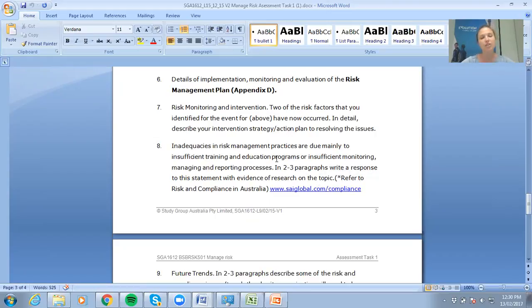So you want to, for your couple of paragraphs here, talk about the fact that there is a lack of training when it comes to risk management and safety, okay, and that there is insufficient monitoring out there.